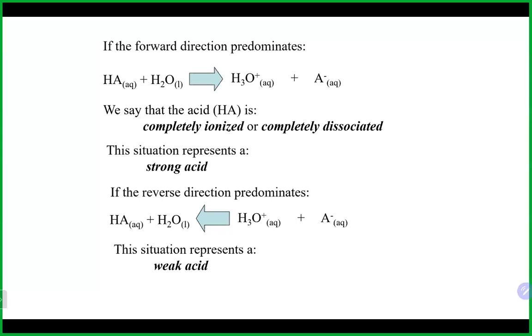This also goes for bases. A strong base is basically a strong electrolyte. It's going to completely break apart. Something like sodium hydroxide or potassium hydroxide in solution will be fully broken apart into ions. If you have a weak base like ammonia, it's going to mainly stay together, but will produce a little bit of hydroxide in that solution.